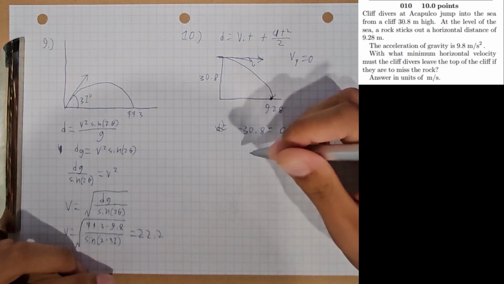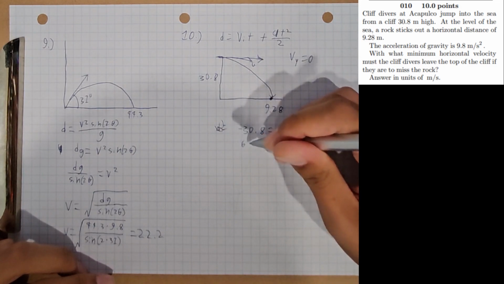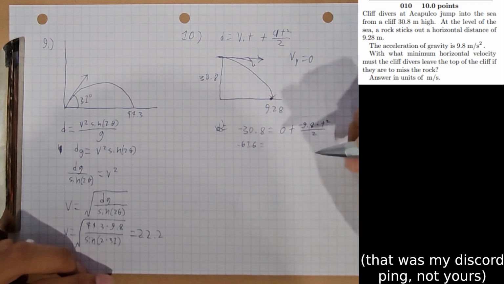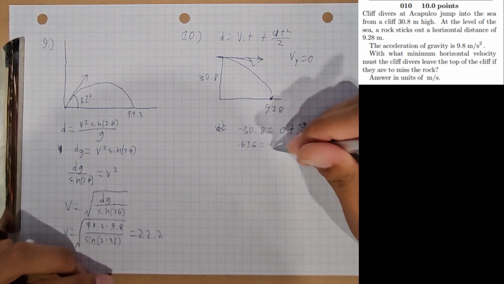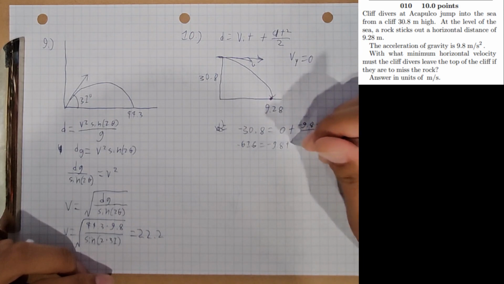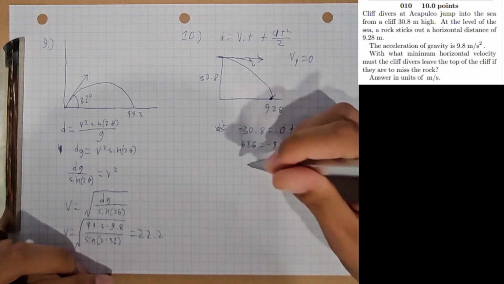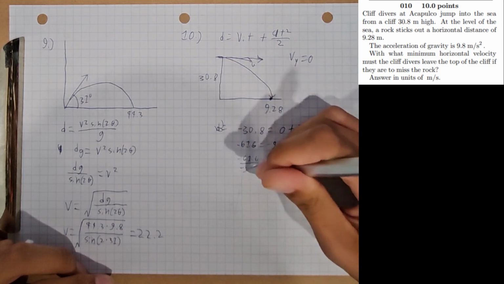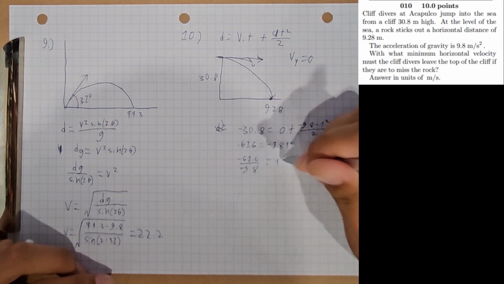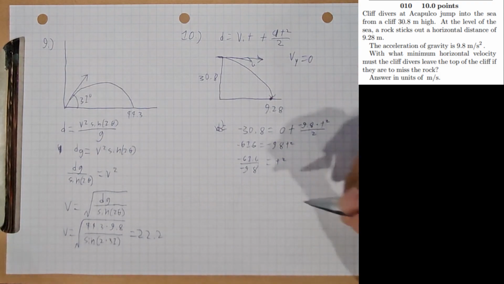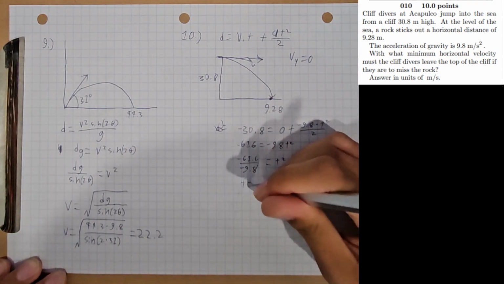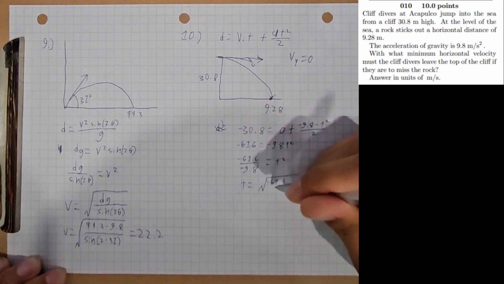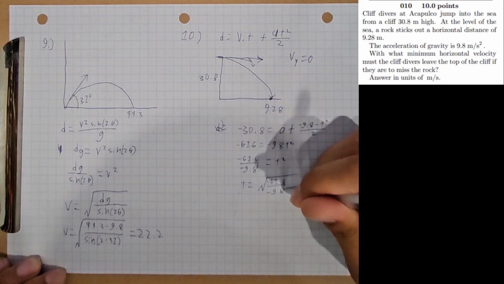Multiply both sides by 2: negative 61.6 is equal to negative 9.8 t squared. Then negative 61.6 over negative 9.8 is equal to t squared, which means that t is equal to the square root of negative 61.6 over negative 9.8.